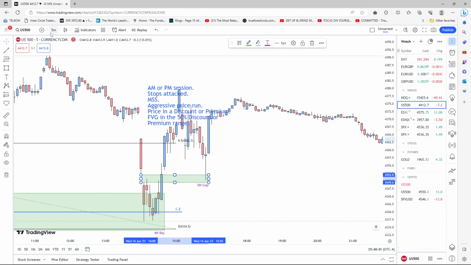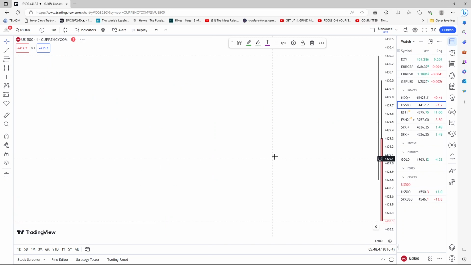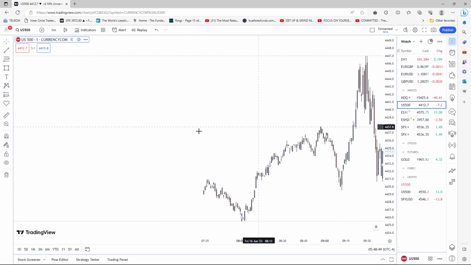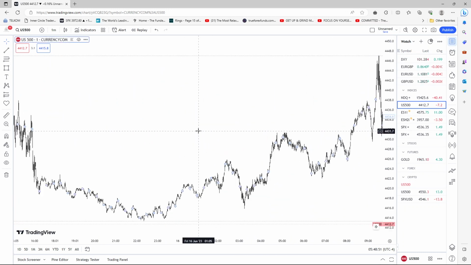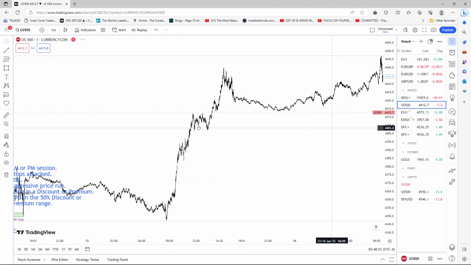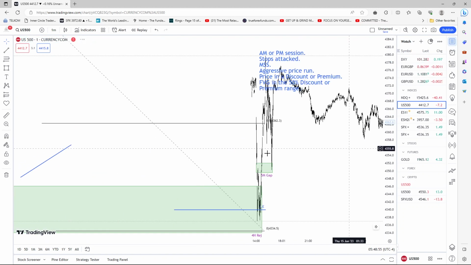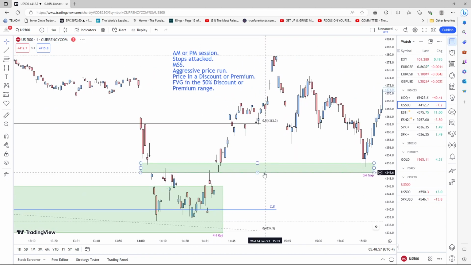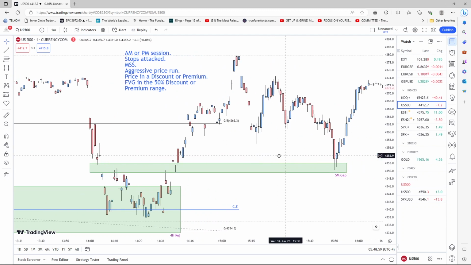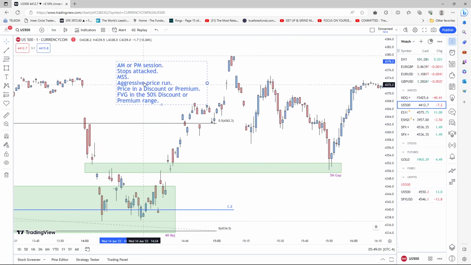Note the gap. Go back down into a 1 minute time frame. There we go. I would have looked at something like this. This is how I would have framed the idea.